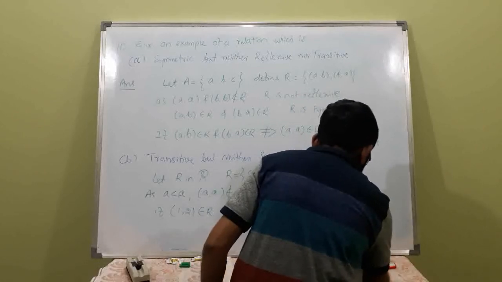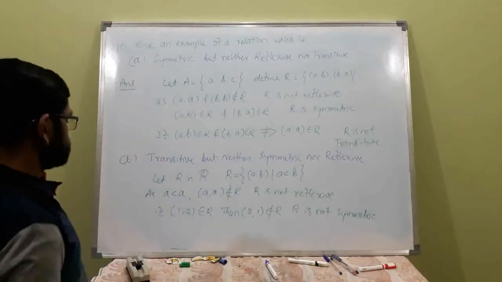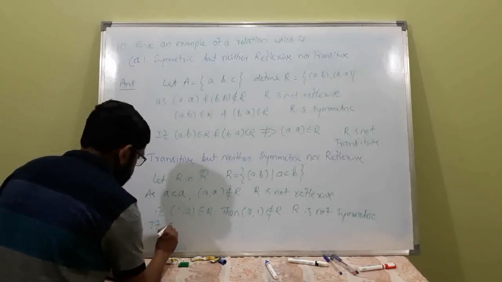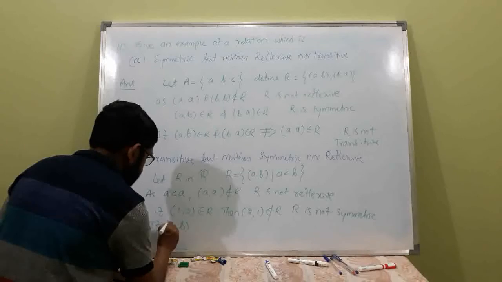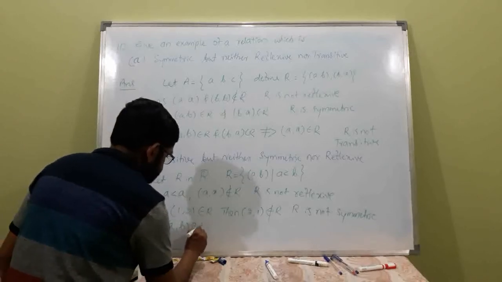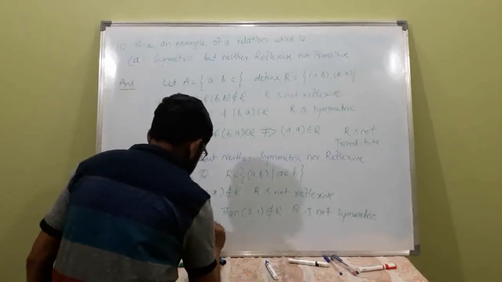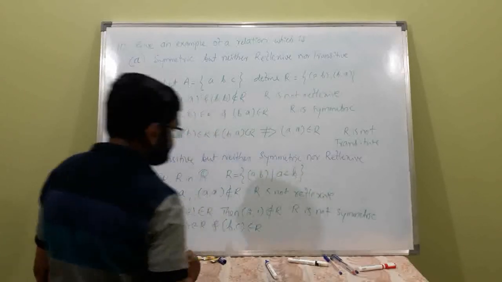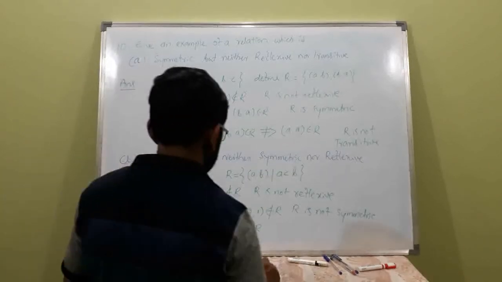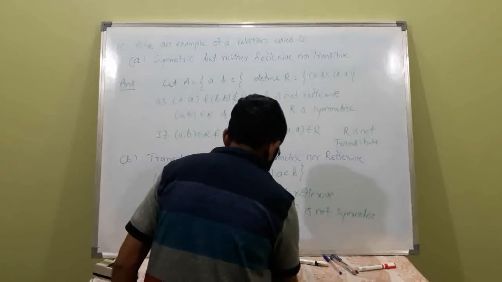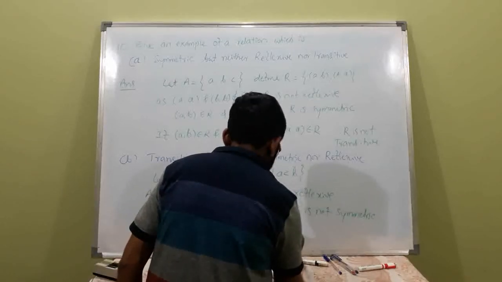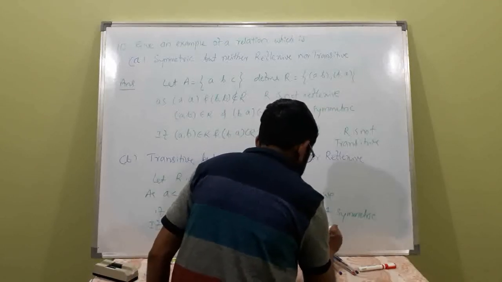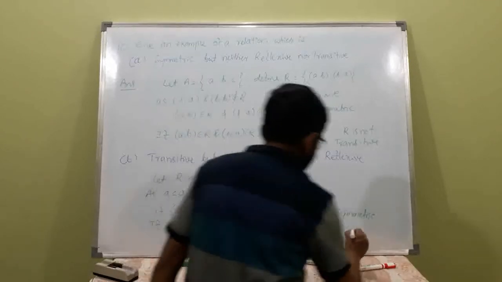Okay. If (a, b) belongs to R and (b, c) belongs to R, that implies a is less than b and b is less than c.